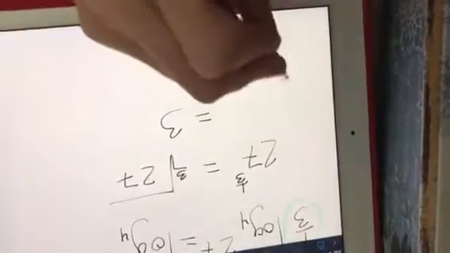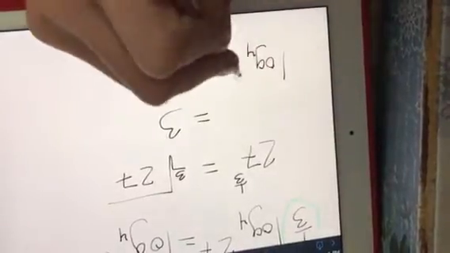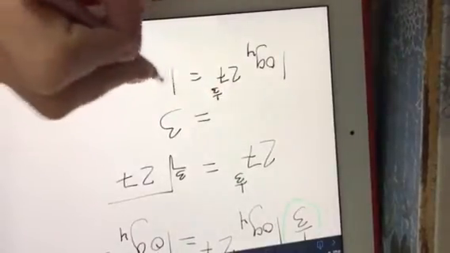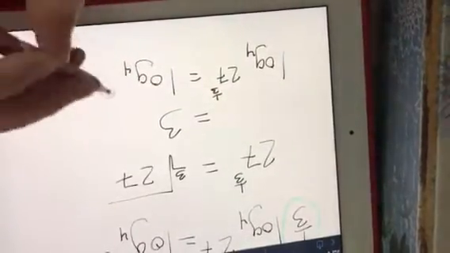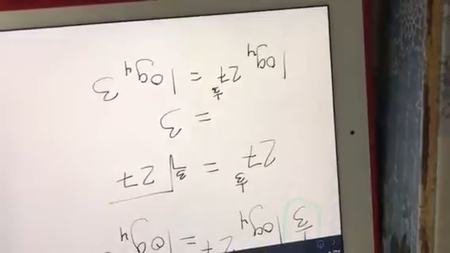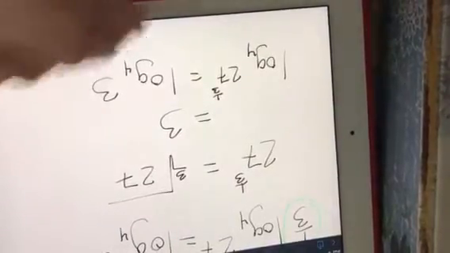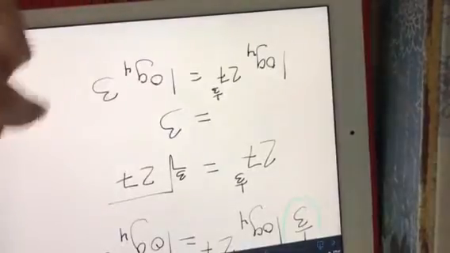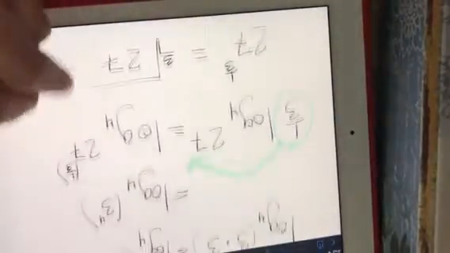So log base 4 of 27 to the 1/3 simplifies to log base 4 of 3. Now this is handy because we have lots of things regarding 3 in the rest of our problem.